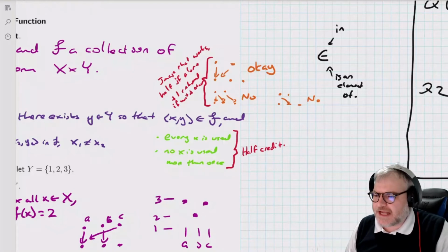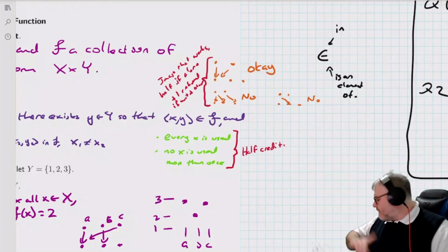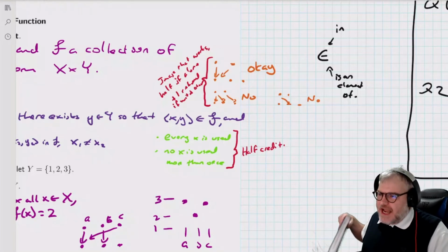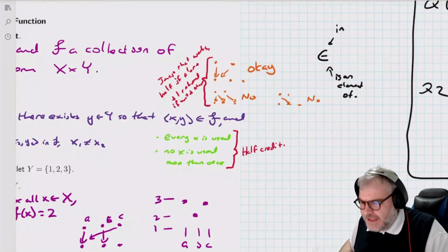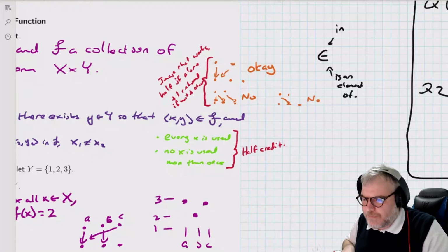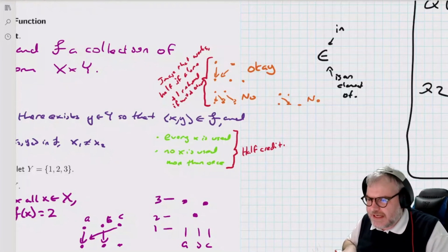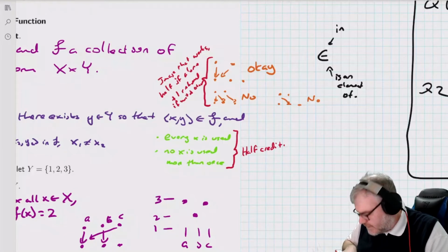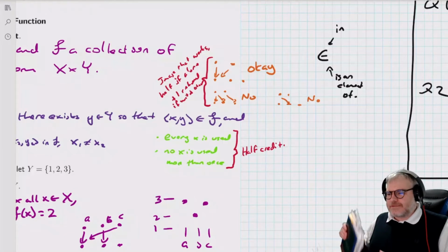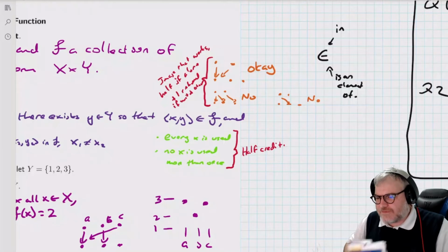One, use Scott's definitions. Now, there's an intuitive definition in the book that would have gotten you half credit: every input has one and only one output. That gives you half credit, 2 points. The last moral of the story is use Scott's definitions.